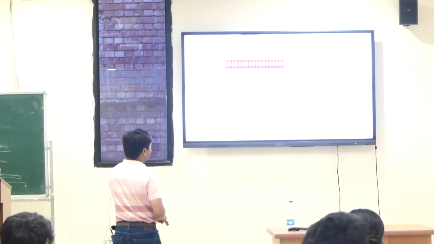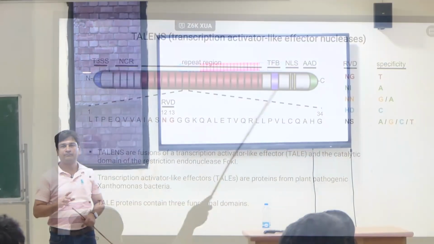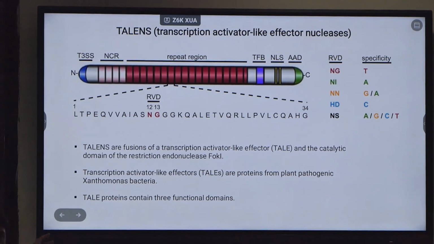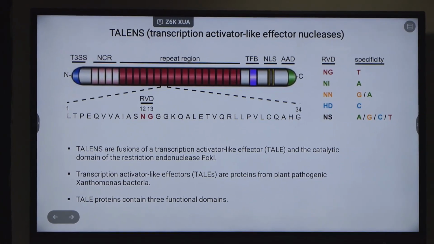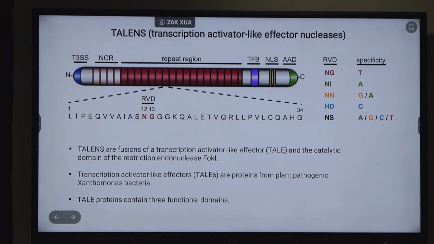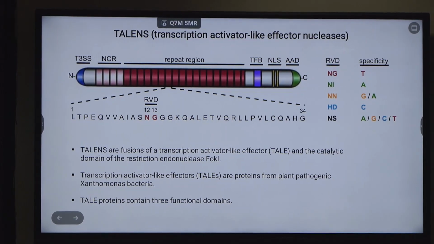Clear? Any question on this? This is only the TALE tail, but at the C terminal, if you fuse the FOK1 endonuclease, then you will be able to take this FOK1 endonuclease to the precise site in the genome.